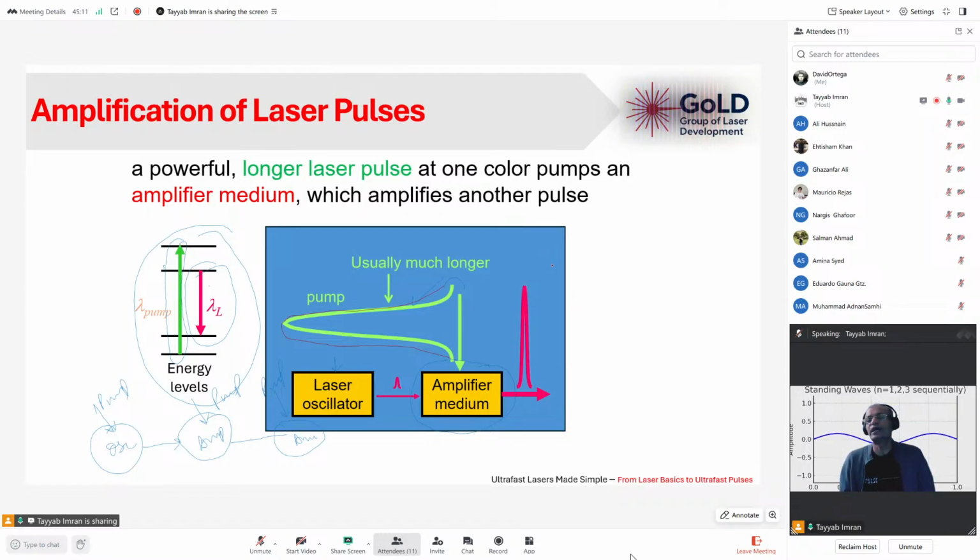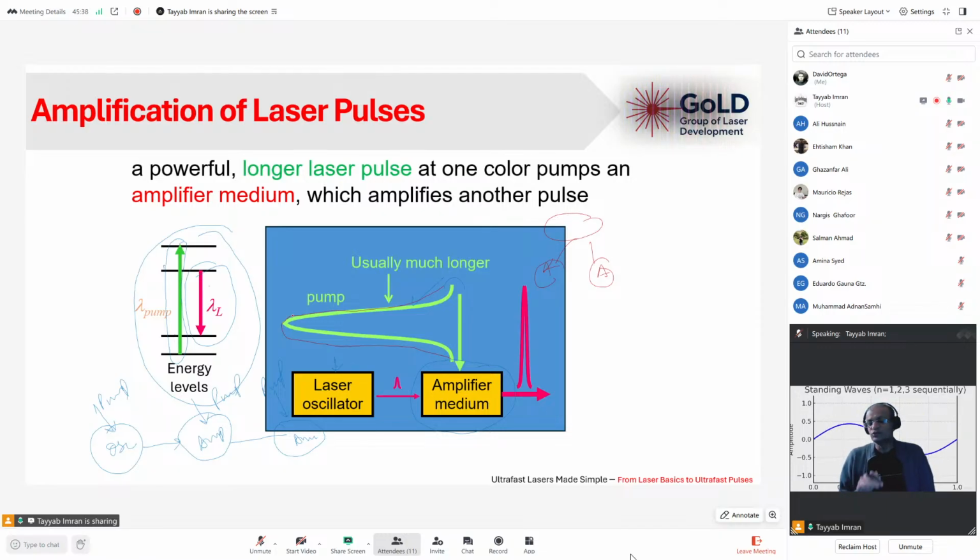Sometimes it happens that we use one pump laser for the two amplifier stages. But it depends. In any case, for the amplifier we also need the pump laser, and for the oscillator we also need the pump laser. Okay.